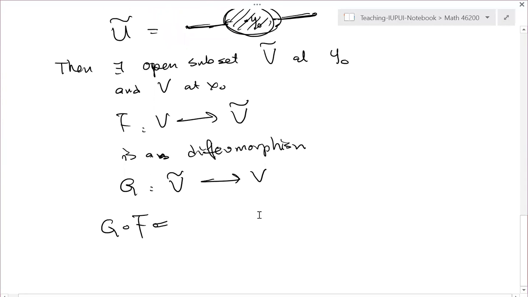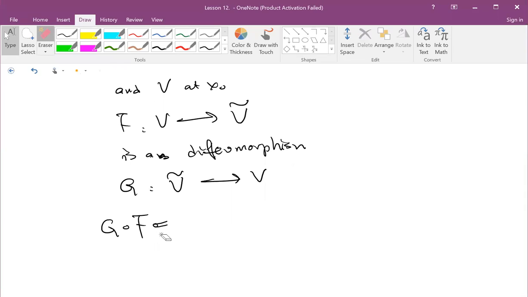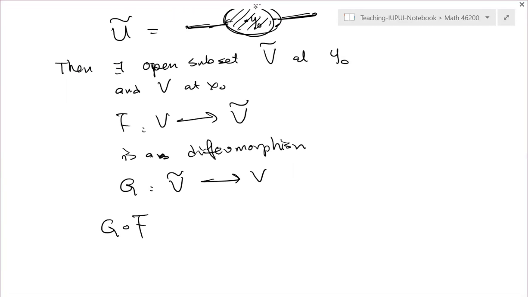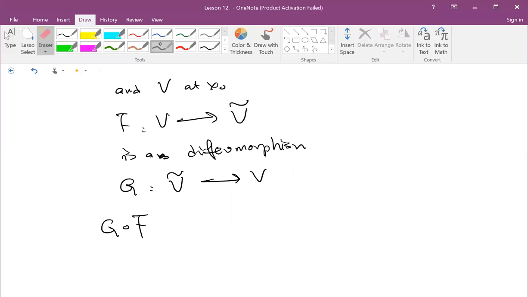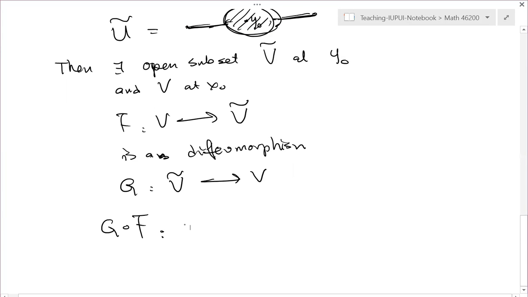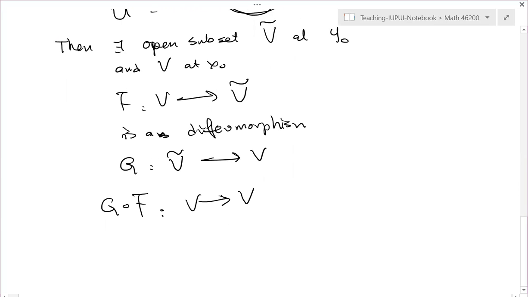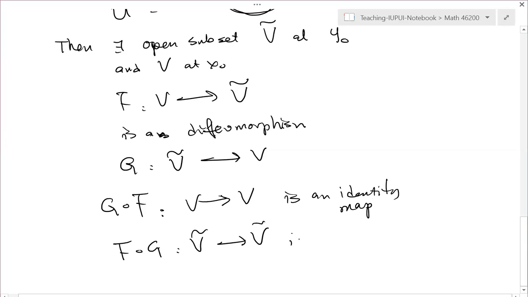Then both are invertible to each other, okay? So this is an identity. And F circle G, from V2 dot to V tilde, is an identity map.